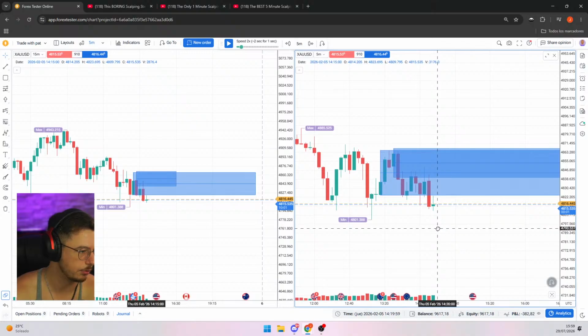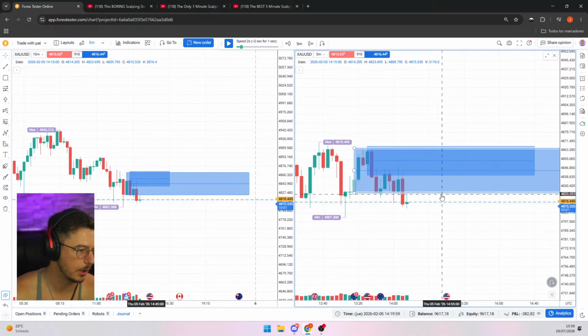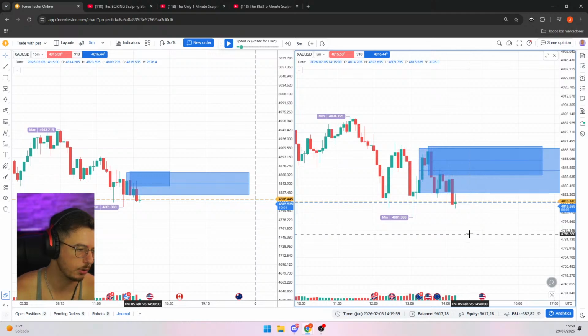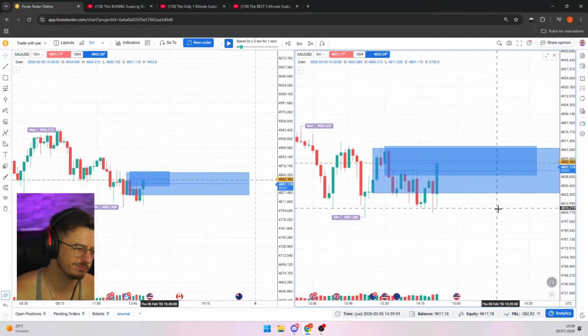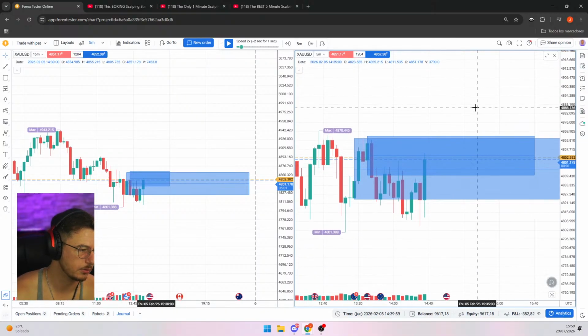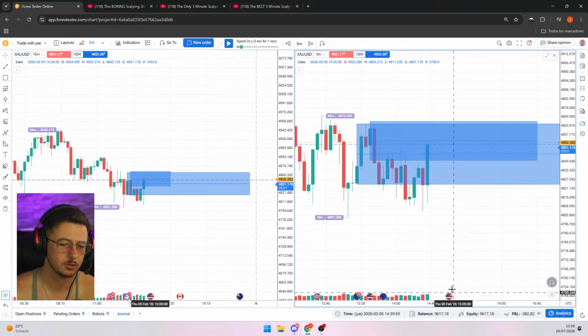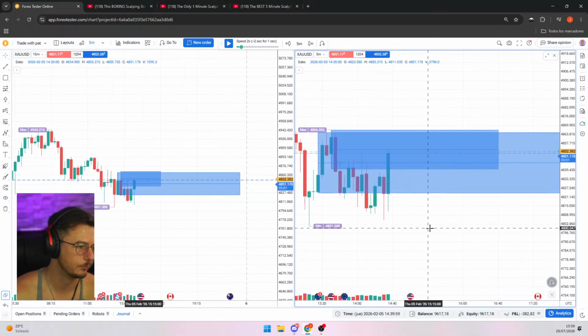Here we can see something similar. Price drops down into the level, and probably if it comes lower, do you know what I mean? Should we enter the trade? That's a good question. Should we enter the trade?